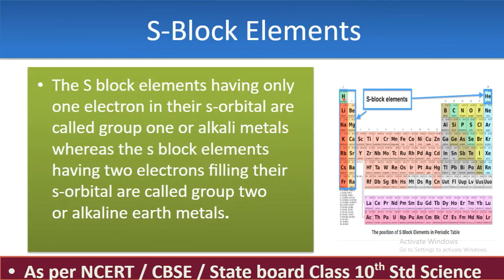As you can see here, hydrogen, lithium, sodium, potassium, rubidium, cesium, then francium. These all have only one outermost electron, which is called the valence electron. Elements having 2 electrons filling their s orbital are called group 2, or alkaline earth metals. This block we call the s block elements.